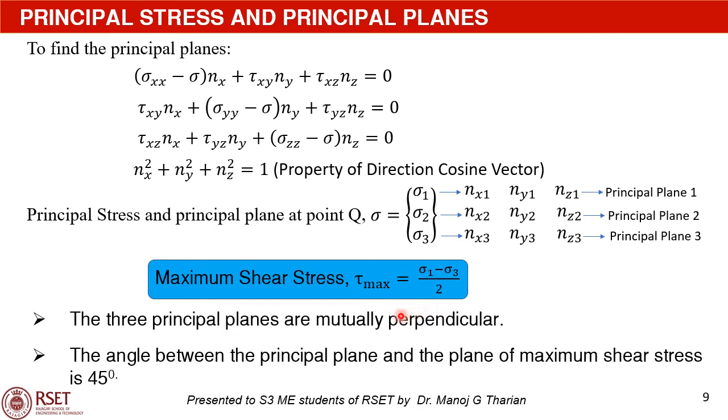Now, for the principal planes, we have these following properties. That is, the three principal planes are mutually perpendicular. The angle between the principal plane and the plane of maximum shear stress is 45 degrees.